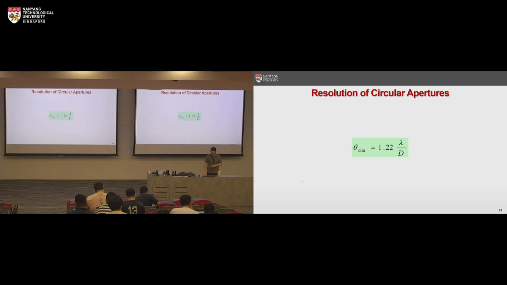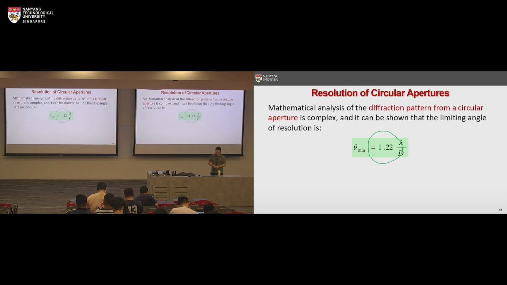So there is one equation to resolve it. It's 1.22 lambda over d. In most cases, I would say 90% of the questions, when you're dealing with a human eye, a lens, a microscope, a circular aperture, as long as it's a circular element, this 1.22 is required because it's a constant to fix the linear one.